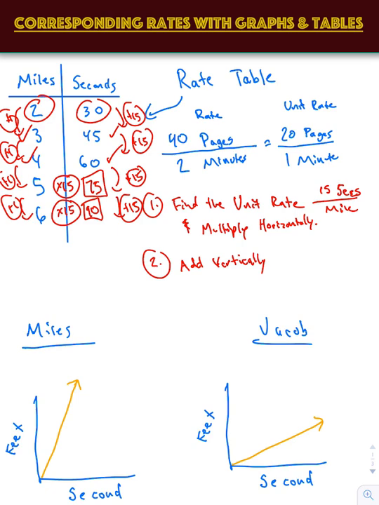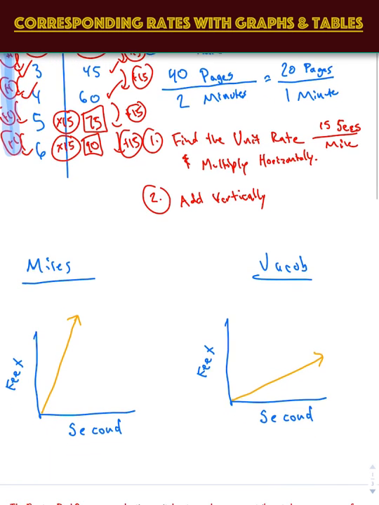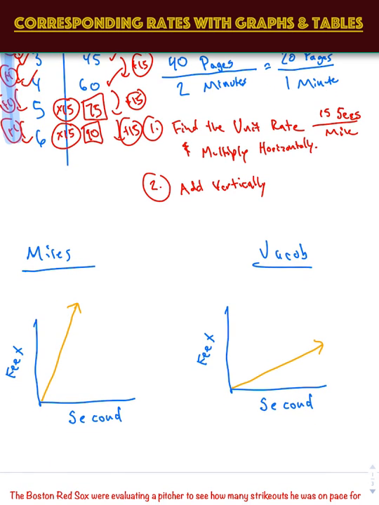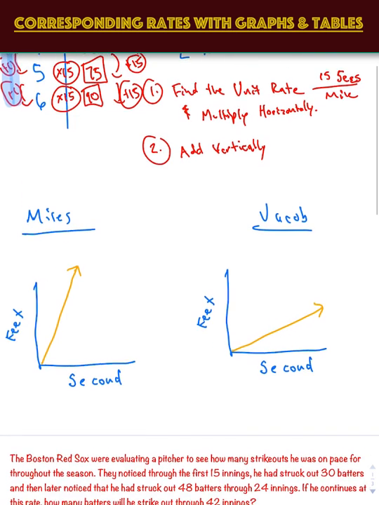That's how a rate table works. There are 2 different ways to do it: finding a unit rate and multiplying horizontally, or adding vertically. Where adding vertically can get difficult, and you'll encounter this in the future, is if the left column is not adding 1, if we end up adding 2 or 3, it can get a little more complicated. But for now, those are the 2 rules that you want to know.